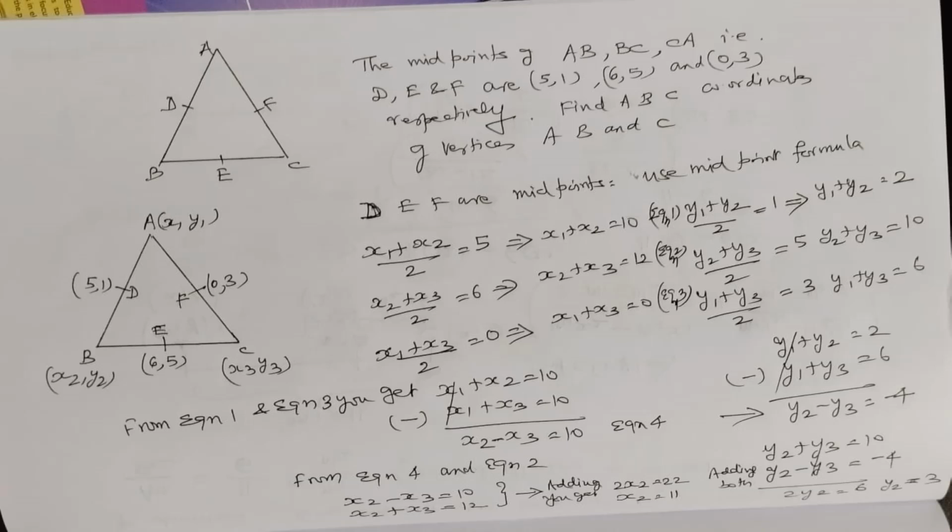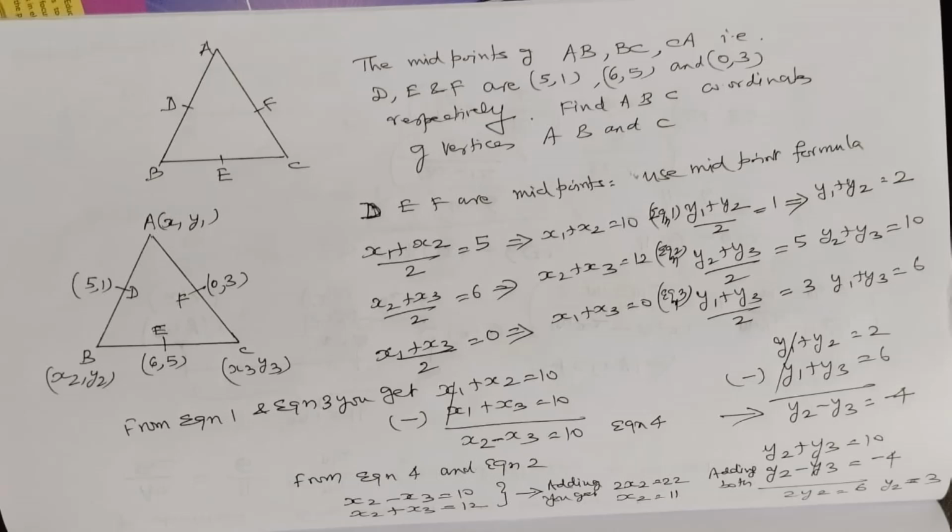For D, (x1 + x2)/2 is equal to 5, so x1 + x2 is 10. Then similarly (y1 + y2)/2 is equal to 1, so y1 + y2 is equal to 2. Then coming down to BC, (x2 + x3)/2 is equal to 6, and (y2 + y3)/2 is equal to 5, so y2 + y3 is equal to 10.